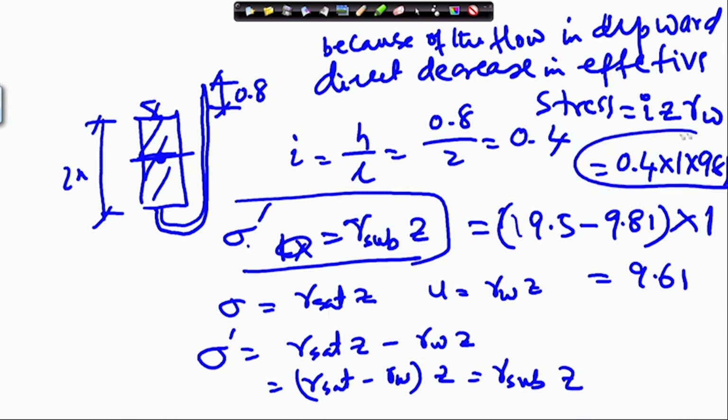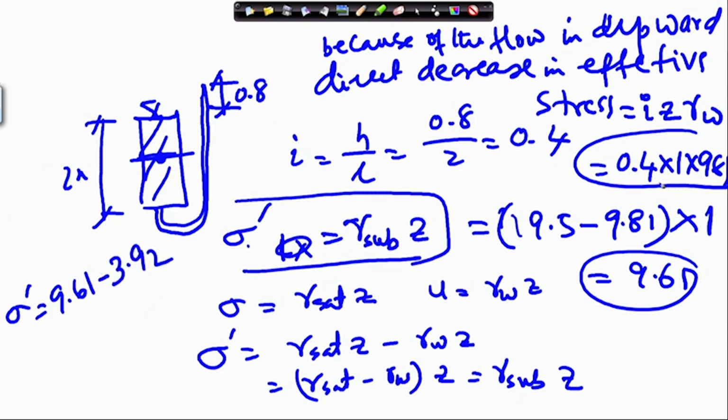So, this is to be subtracted from this, that means your effective stress will be 9.69 minus 3.92, and then finally it will become 5.76. So, this is another application: when flow is taking place, what will be the effective stress? As we have mentioned, i Z gamma W will be reduced, so we have subtracted that. So, this is another application we have just covered.